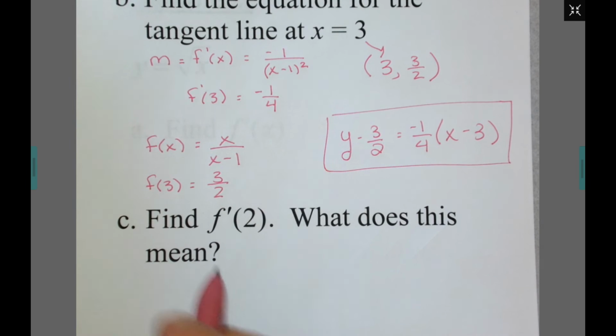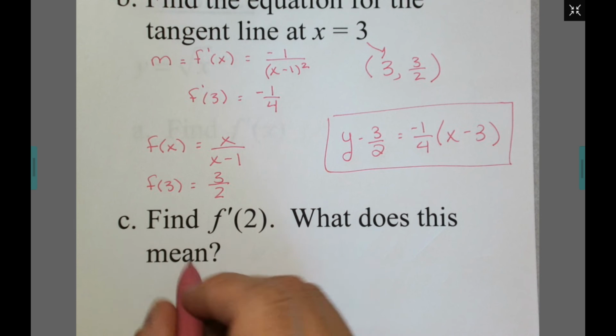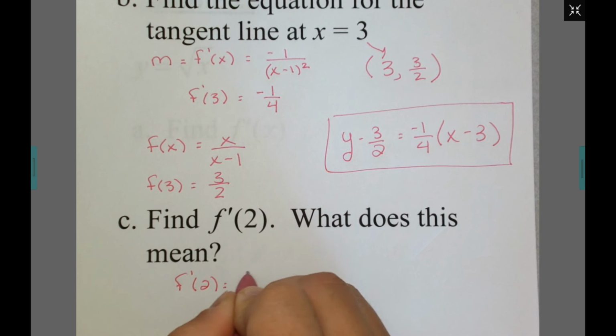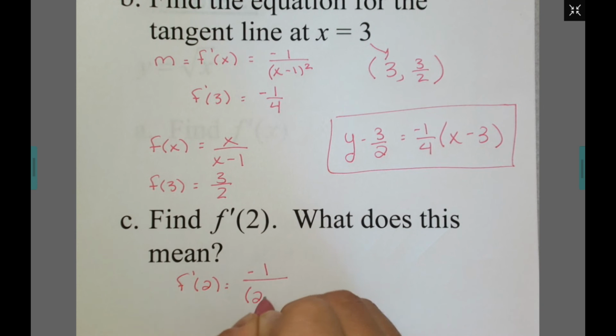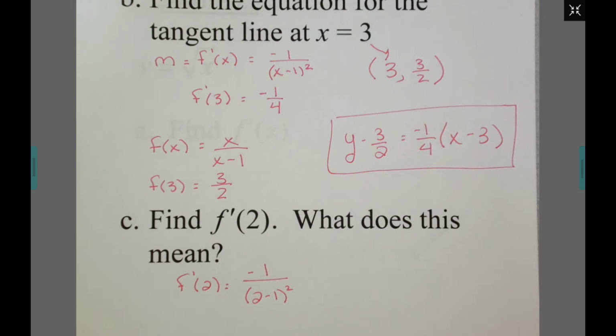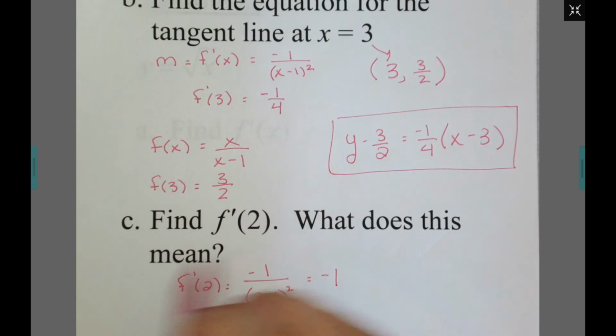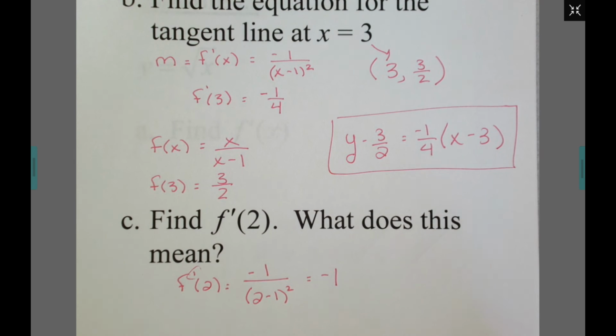So that's the equation of our tangent line. C, they want us to find f prime of 2. So we go back to our derivative function. F prime of 2 is going to equal negative 1 over 2 minus 1 squared. It's going to give me a negative 1. I want to know, what does this mean? Okay, the apostrophe derivative tells us slope.